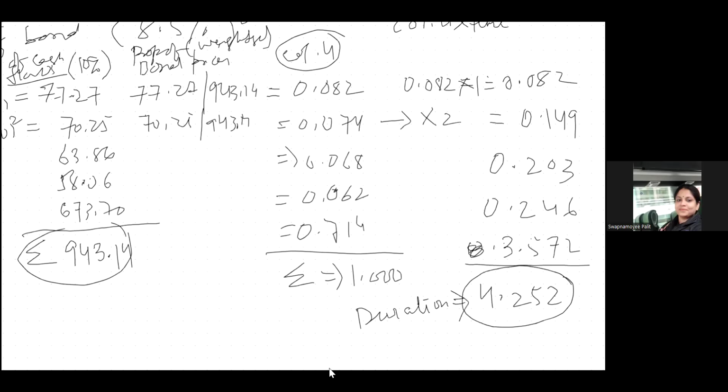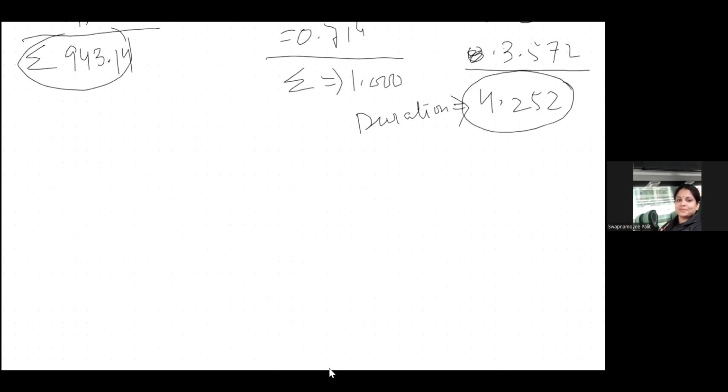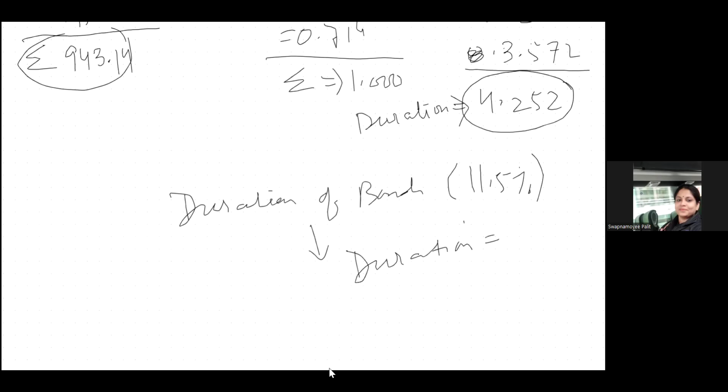Okay. The second bond, which is given, the dividend is 11.5%. You will get the duration the same way, proceeding with all the steps. And you will see that the duration of this bond is 4.086.